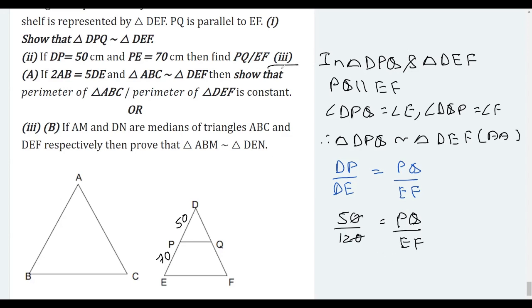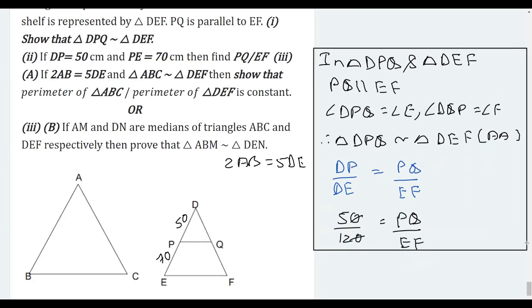Now coming to the third part, it says if twice of AB is equal to 5 times DE. Let me enclose this, this is the second part.